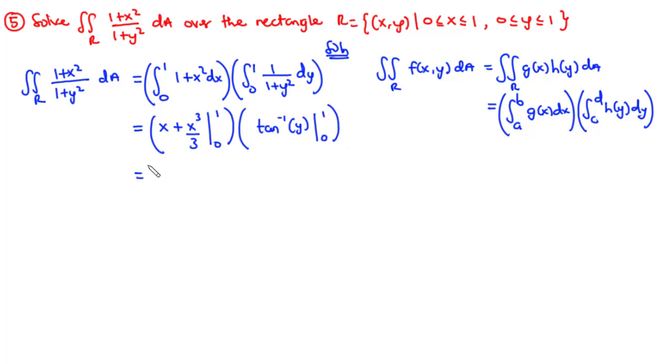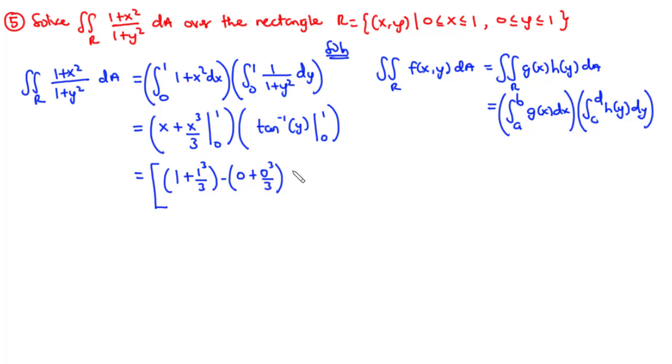Now this becomes, we input both the upper and the lower limits in place of x. So we are going to have upper limit, we have 1 plus 1 cubed over 3 minus 0 plus 0 cubed over 3.